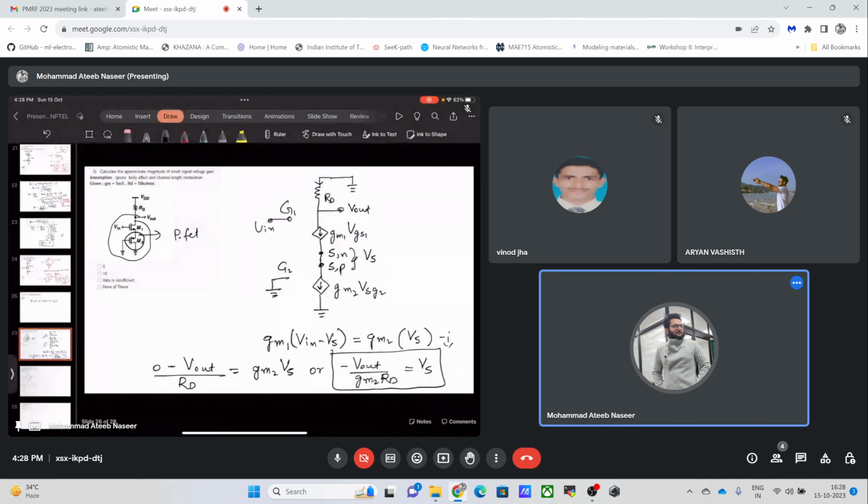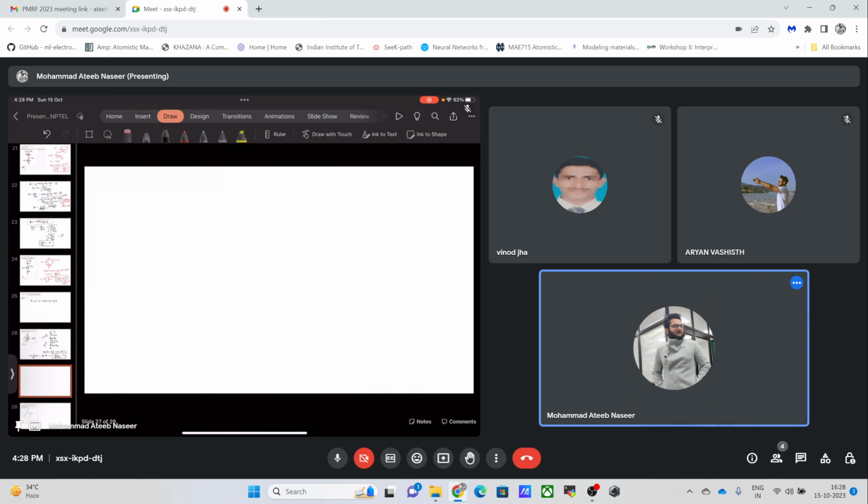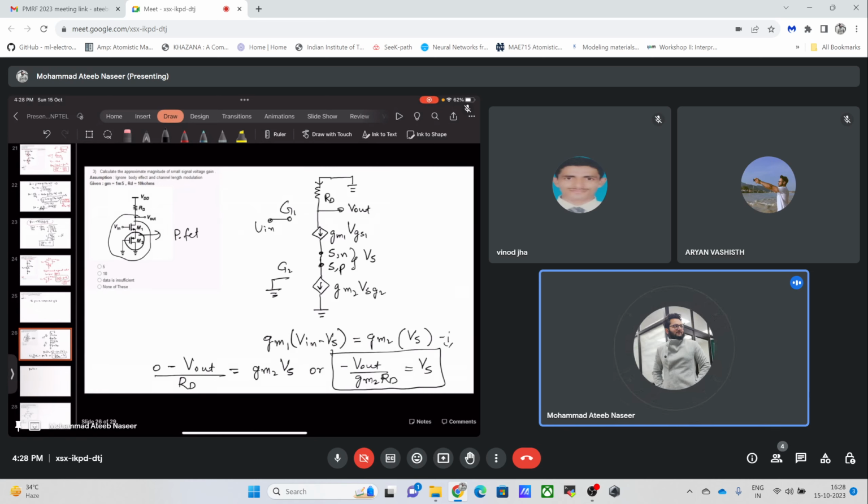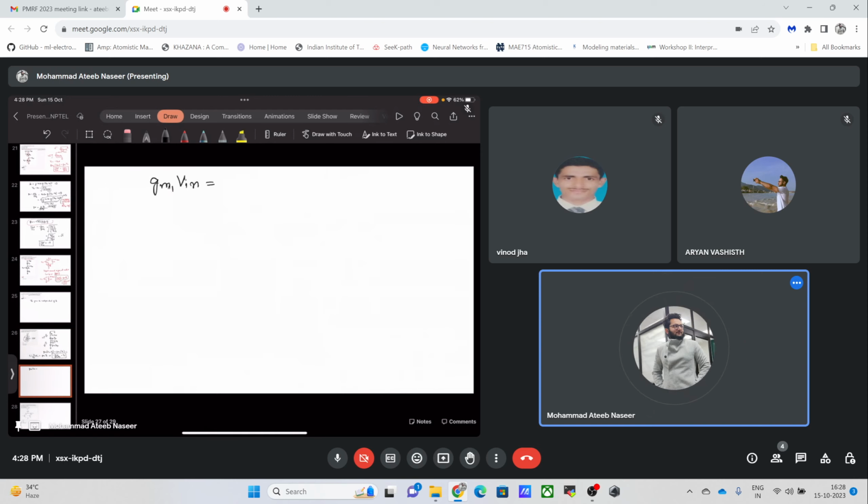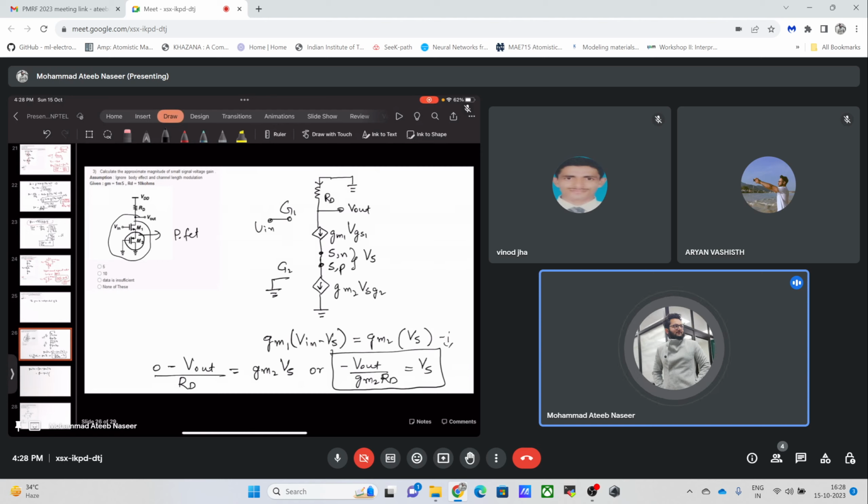Now if I substitute this Vs value in equation 1, it would be gm1 Vin equal to (gm1 plus gm2) into Vs, and Vs has the value of minus Vout by gm2 RD.